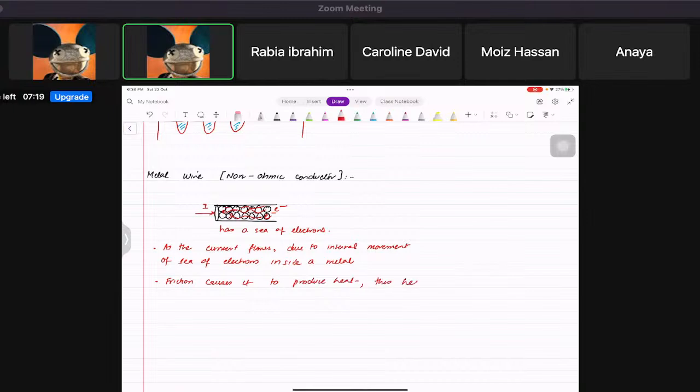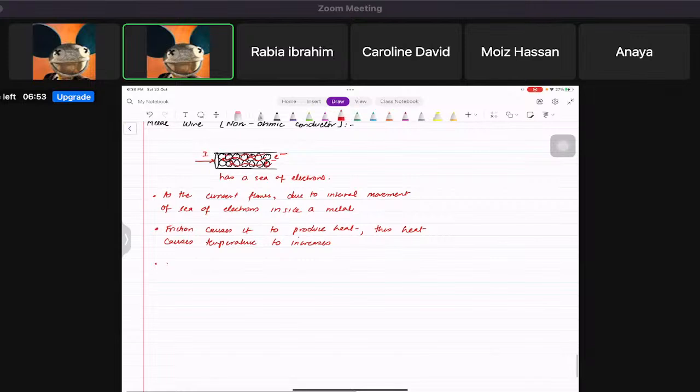This heat causes the temperature to increase, and because the temperature is increasing, Ohm's law cannot be followed, because Ohm's law must be true only if the temperature is constant, right?